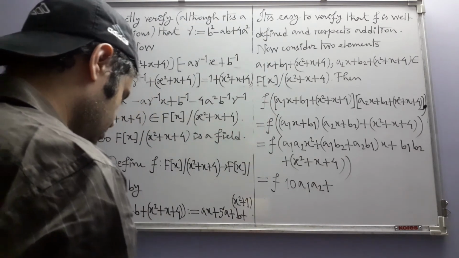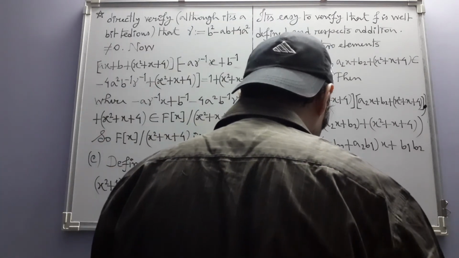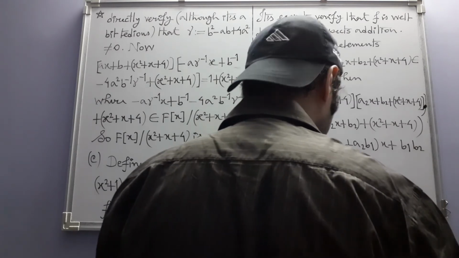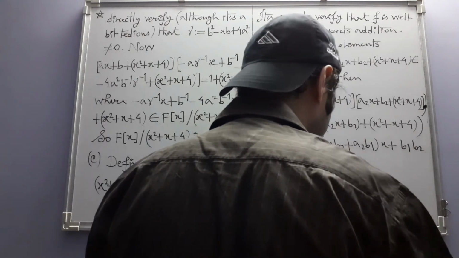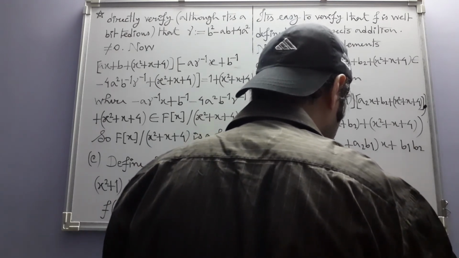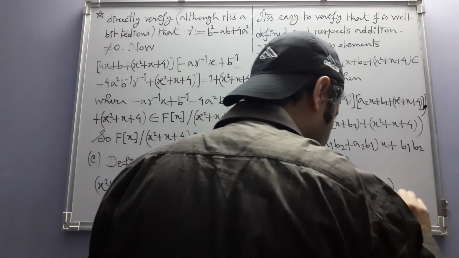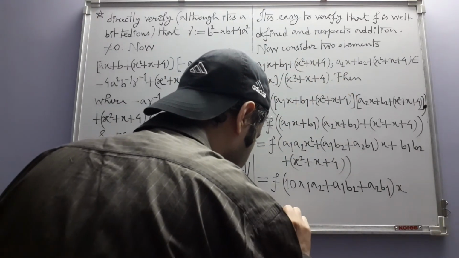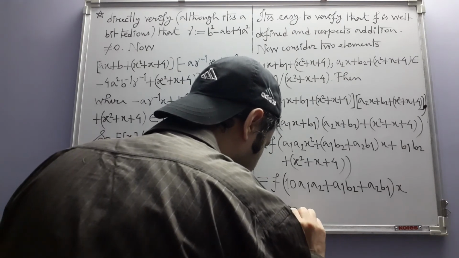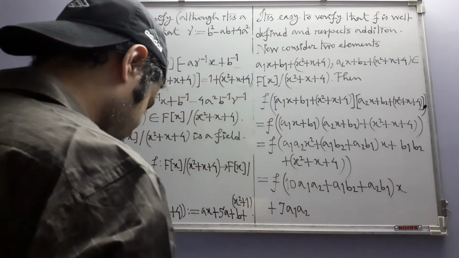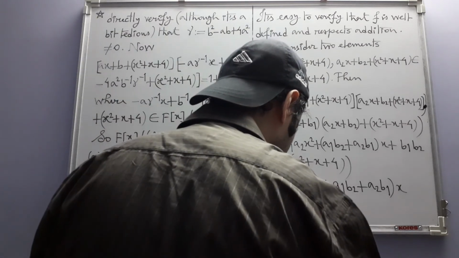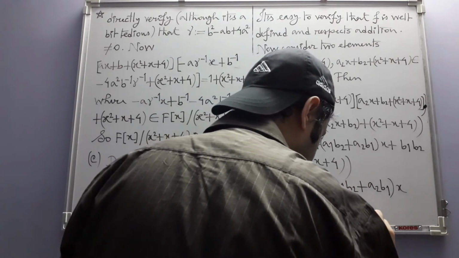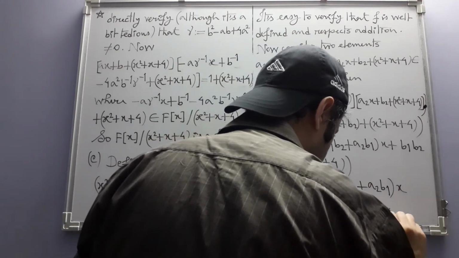plus, let me just first copy from here and then we will see whether what we are writing here is correct or not. This times x plus 7a1a2 plus b1 b2 plus x square plus x plus 4.